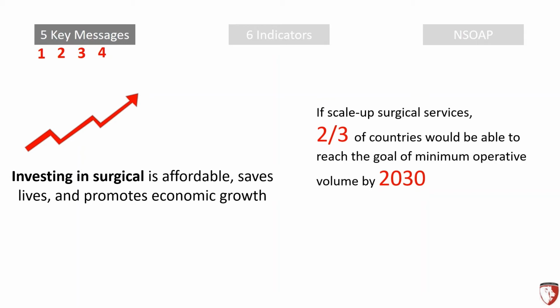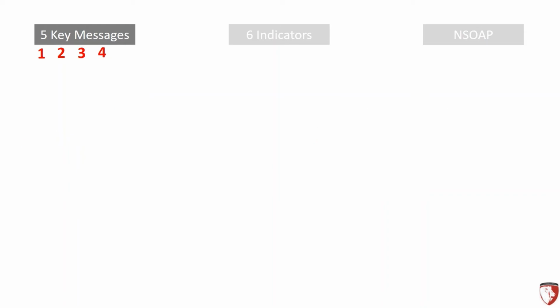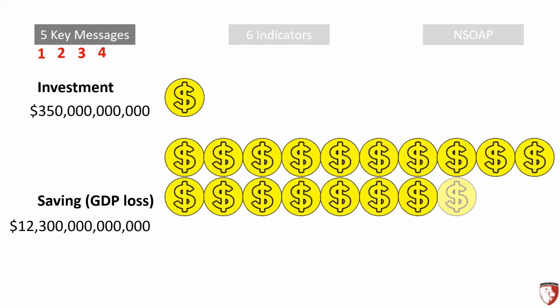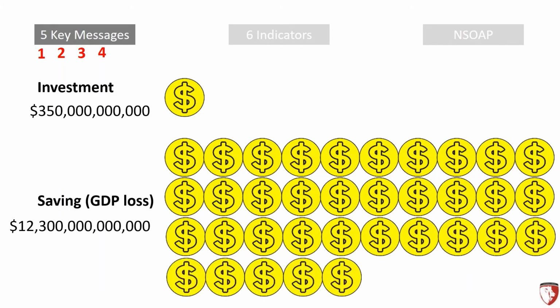Without urgent and accelerated investment in surgical scale-up, these countries will continue to have losses in economic productivity. To support this surgical care scale-up globally, an investment of only $350 billion can prevent a potential loss of $12.3 trillion in economic growth in low and middle-income countries.